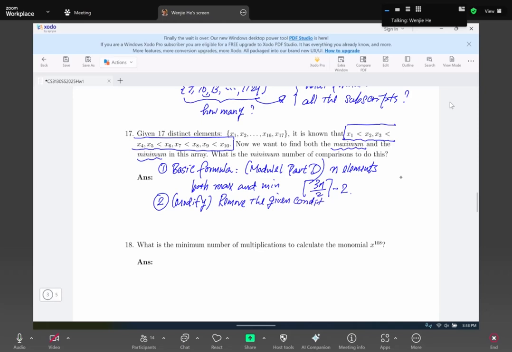We temporarily ignore this condition. Later we can add it back, right? Because after you ignore the condition, you can apply the basic formula, right? Apply the basic formula directly.